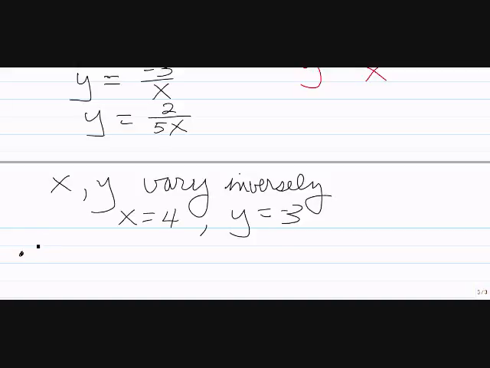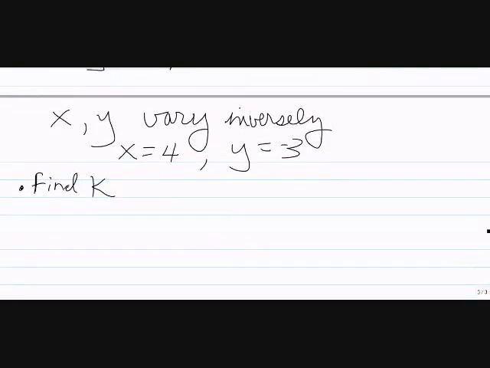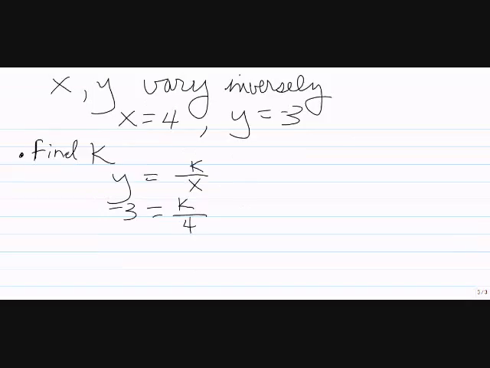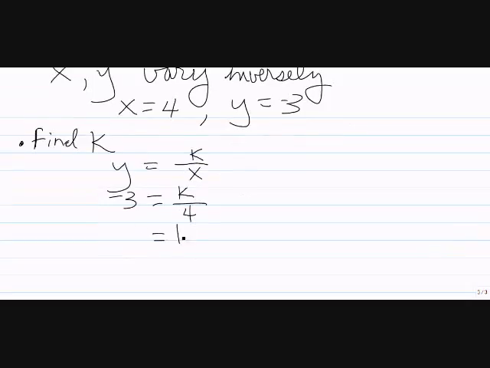First off, find k. So I have y equals k over x. Y is -3. So -3 equals k over 4. Multiply both sides of this equation by 4, and I get k is equal to -12.